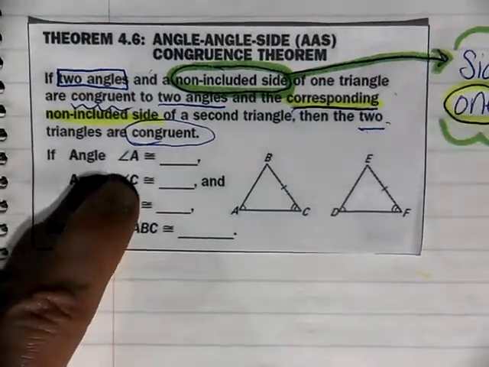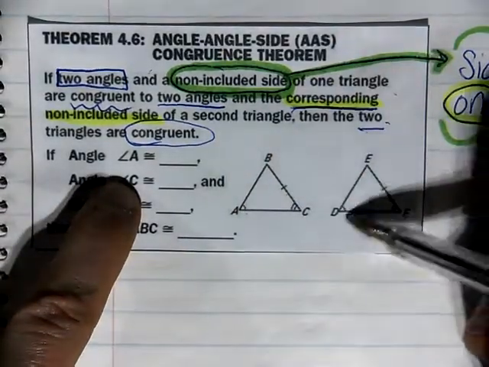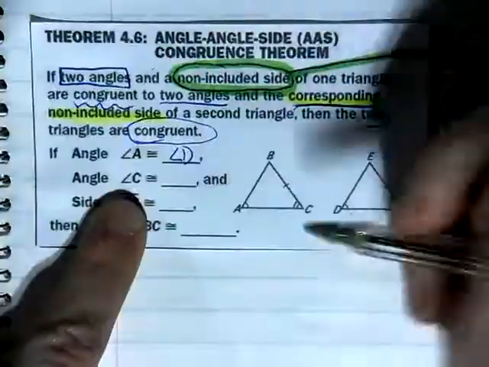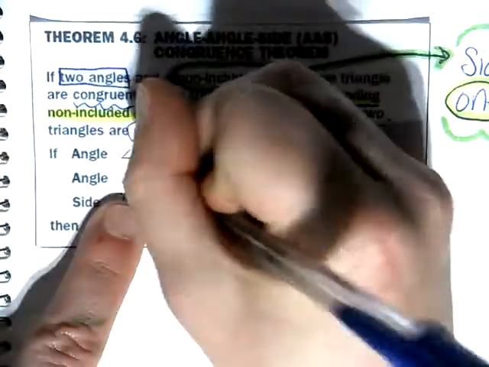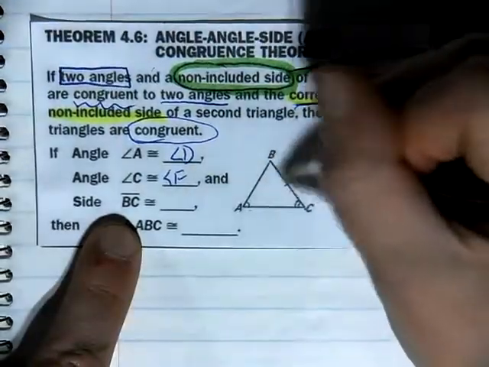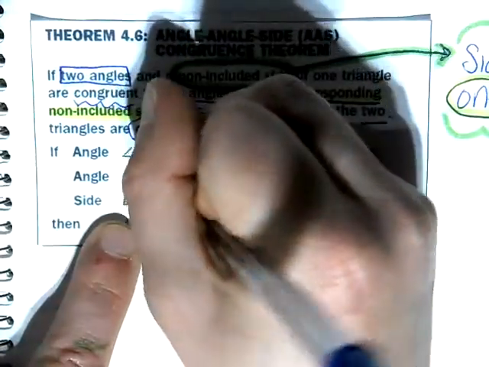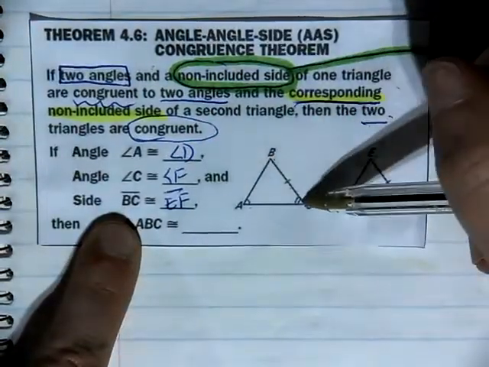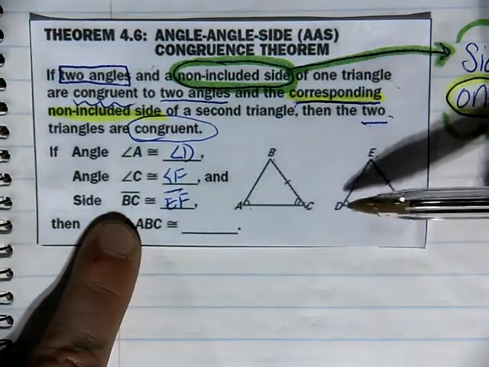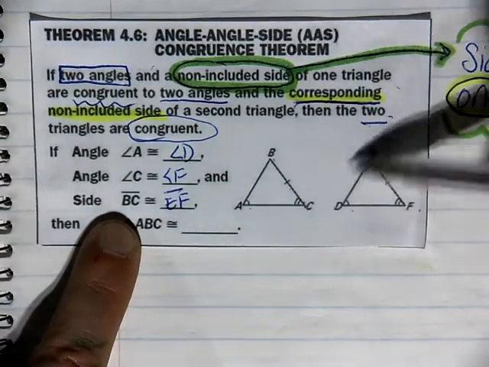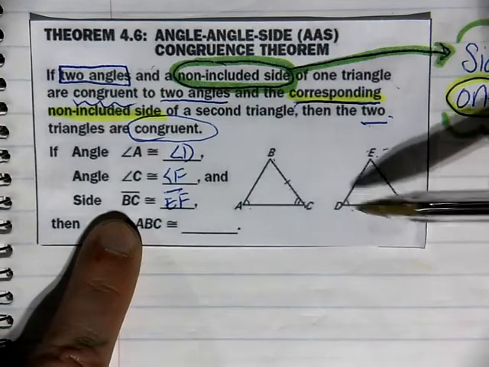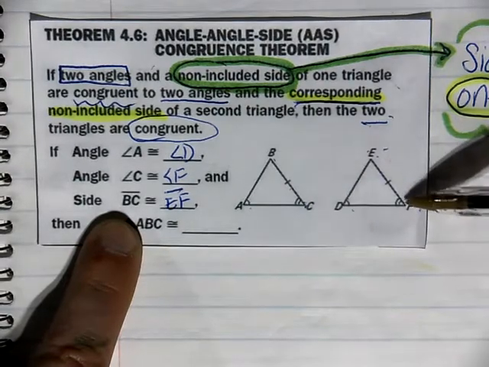So if you see that angle A is congruent to angle D, angle C is congruent to angle F, and BC is congruent to EF, meaning BC would not correspond with DE. DE touches only one of the angles, but it's not the angle that we want.